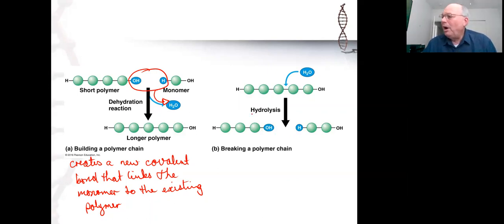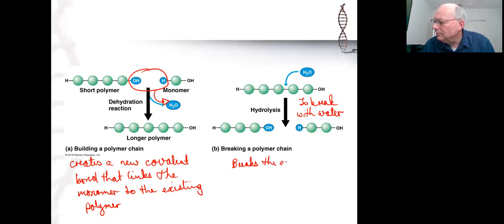So the term hydrolysis: hydro means water, lysis means to break, so it literally means to break with water, or to split. We'll put in here that it breaks the existing covalent bond.